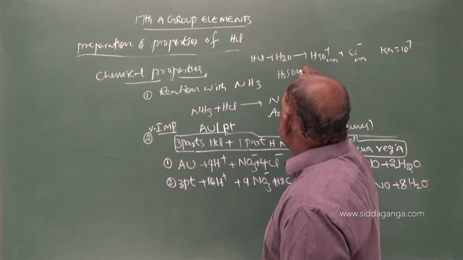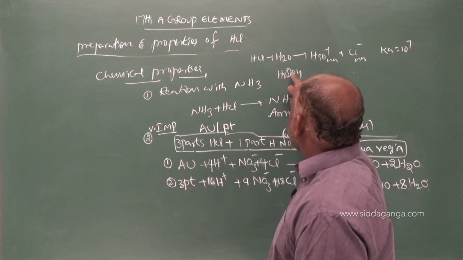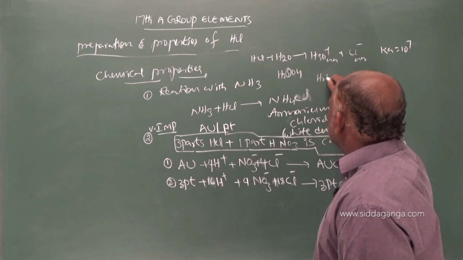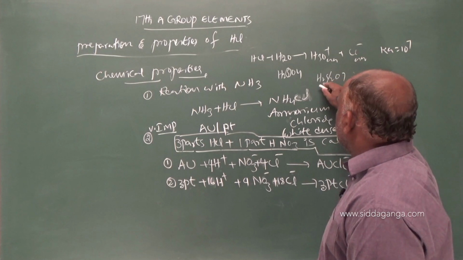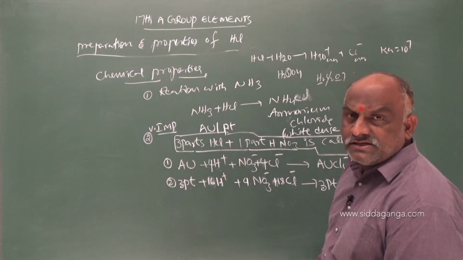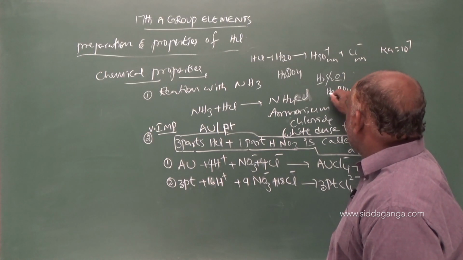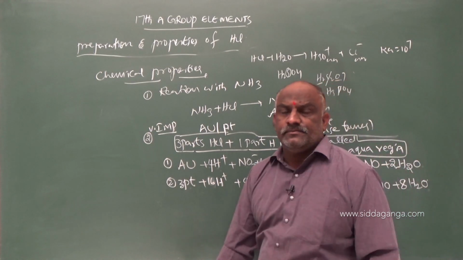H2SO4 is an oxy acid, sulfur non-metal combined with H and O. I said oleum. What is oleum? H2S2O7 is oleum, sulfur non-metal, hydrogen, oxygen, an oxy acid. H3PO4, phosphorus non-metal, hydrogen, oxygen, an oxy acid.